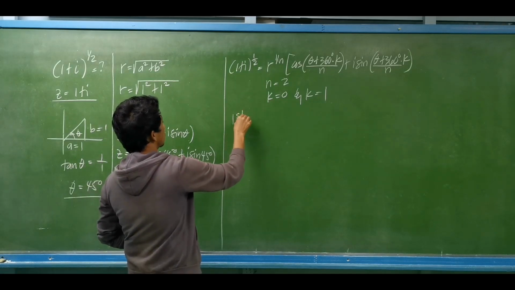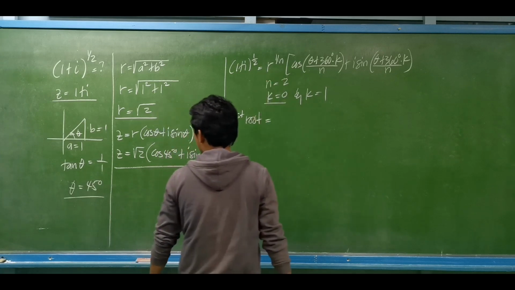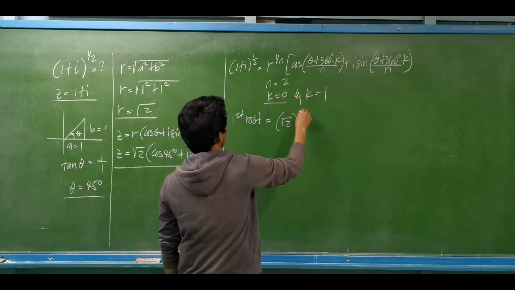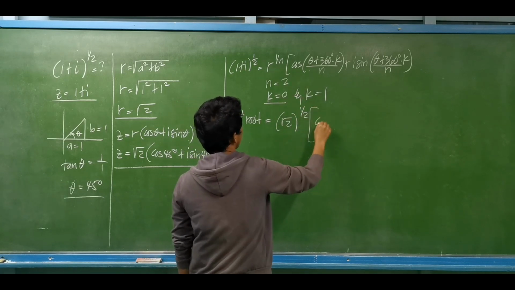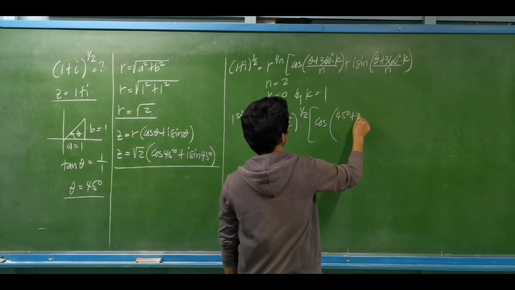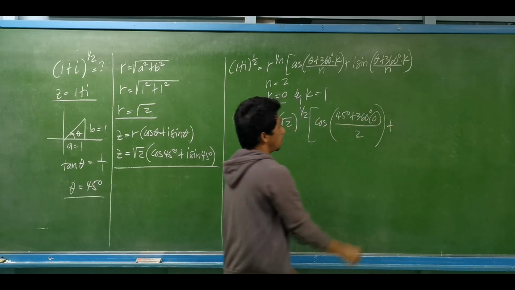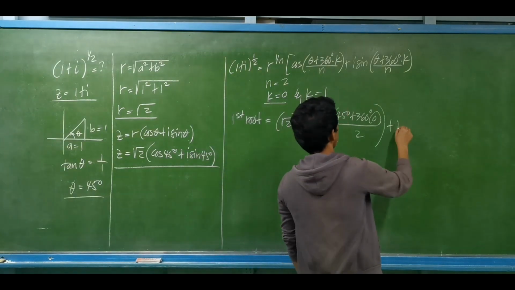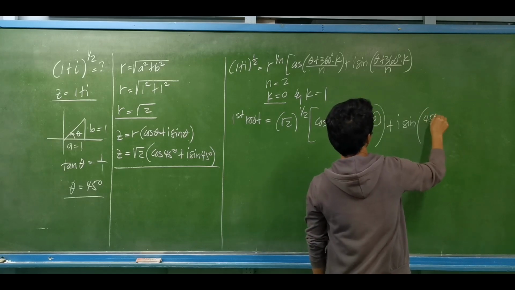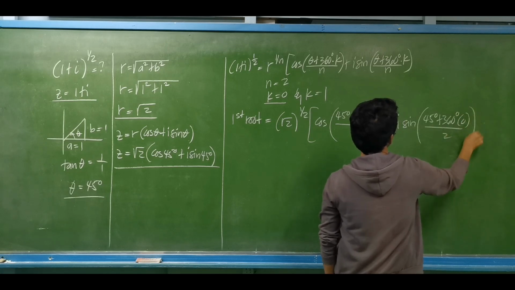So for the first root, we are using k is equal to 0. What is the modulus? That is the square root of 2, now raised to 1 half, multiplied by the cosine. The argument is 45 degrees plus 360 degrees multiplied by 0, divided by 2, plus i sine of 45 degrees plus 360 degrees multiplied by 0, divided by 2.